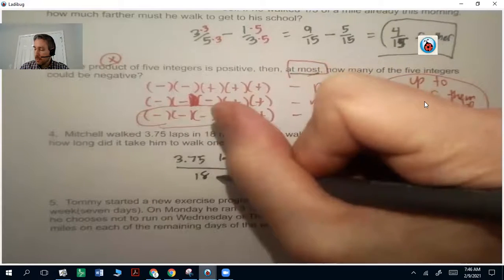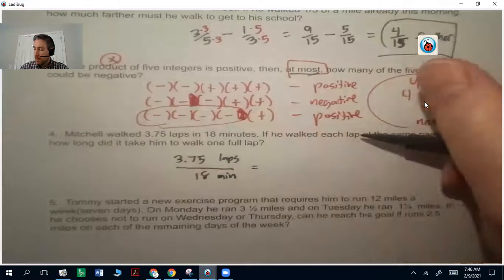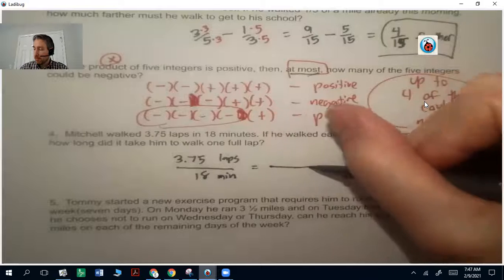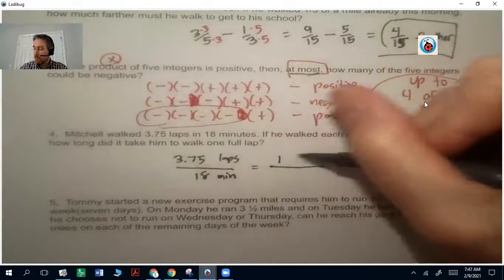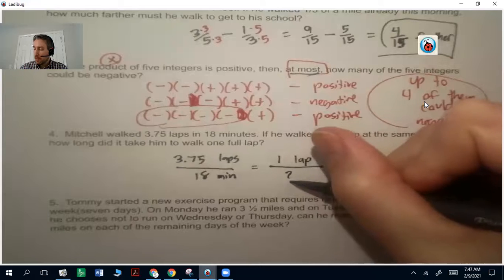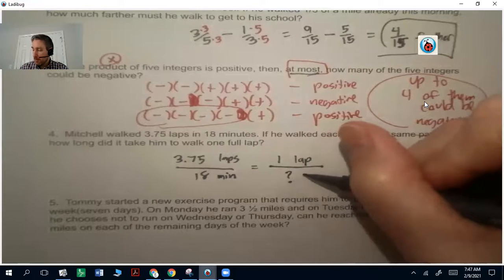So one lap in how many minutes? So that's what we want to find.